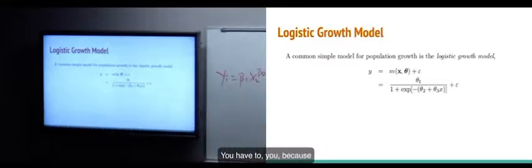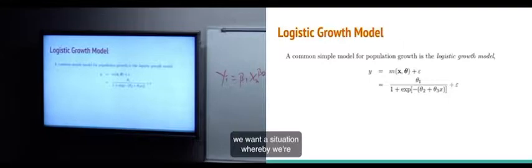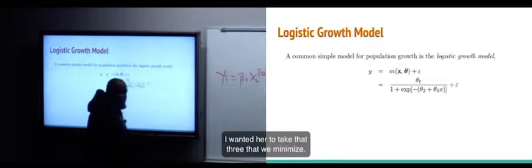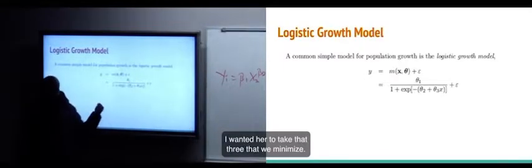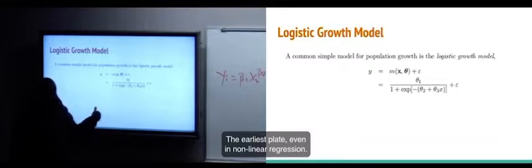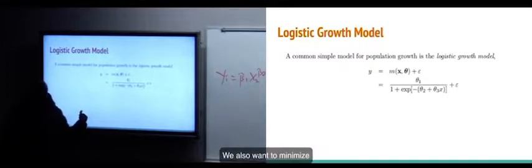And you have to, because we want a situation whereby we're looking for the values of the parameters, theta 1, theta 2, theta 3, that will minimize the unexplained variation. Even in non-linear regression, we also want to minimize the unexplained variation.